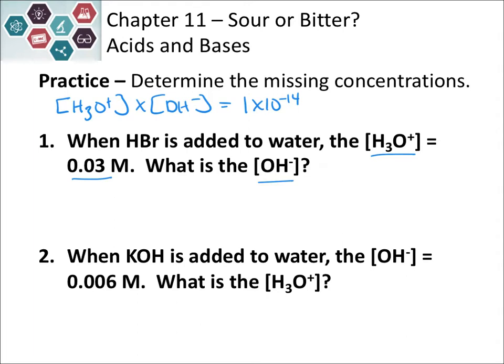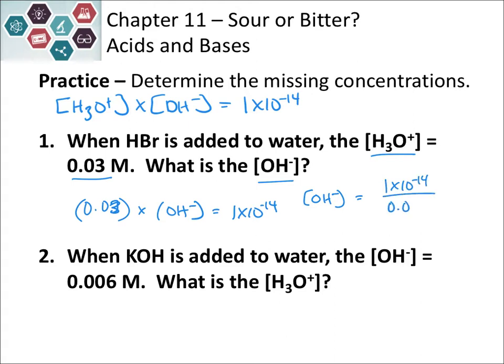So to set this up, we know the hydronium, so that's the 0.03, and that times the hydroxide is equal to 1 times 10 to the negative 14th. So if we rearrange this to solve for hydroxide, we're going to have 1 times 10 to the negative 14th over the 0.03.